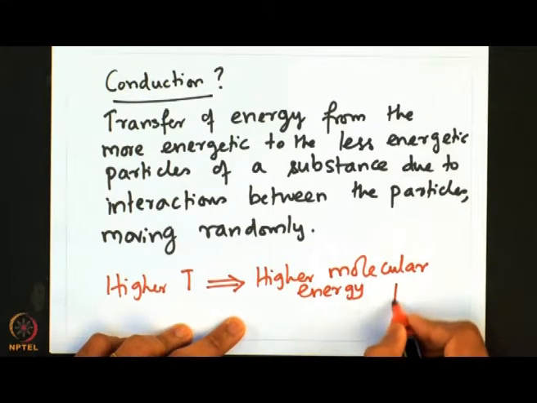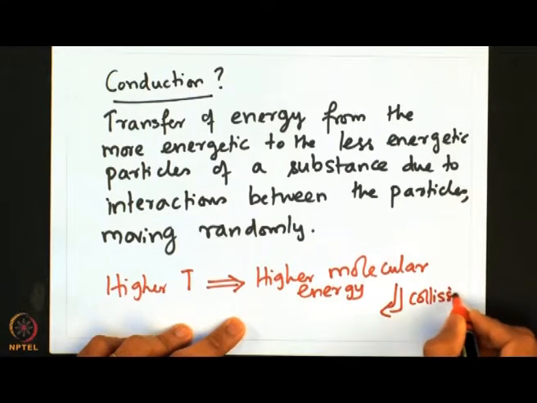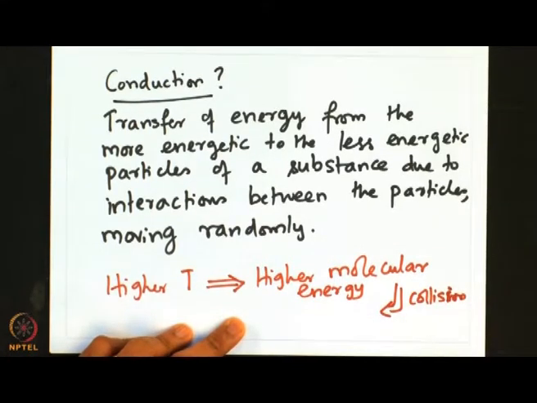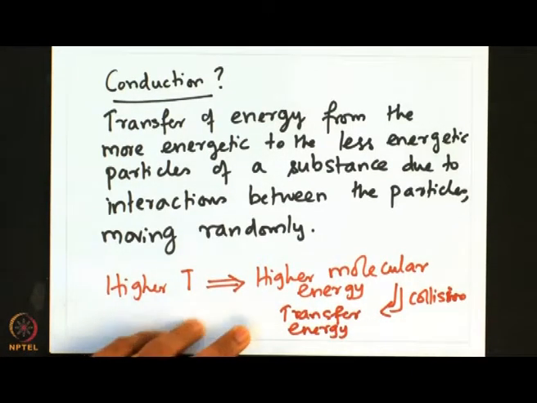They may experience collision, and due to collision they transfer energy to those particles whose temperature is smaller than the temperature of itself. So, this process is what is called conduction.